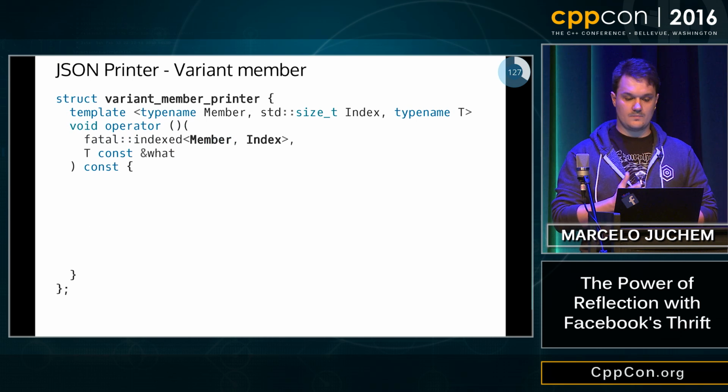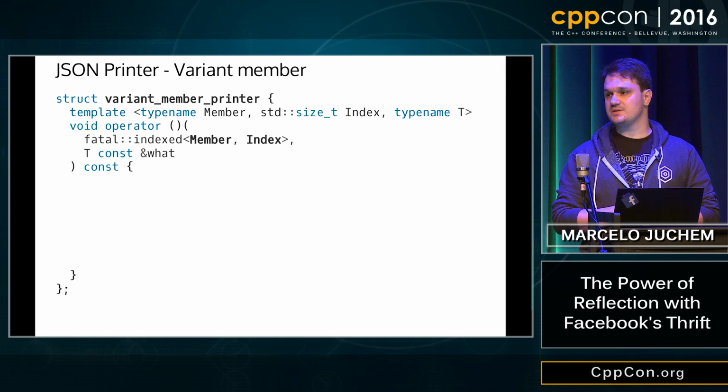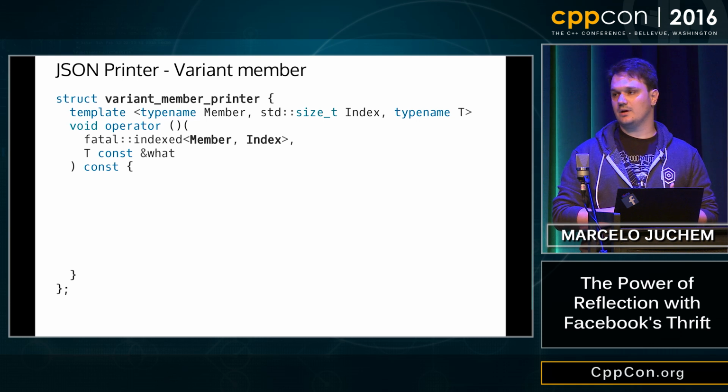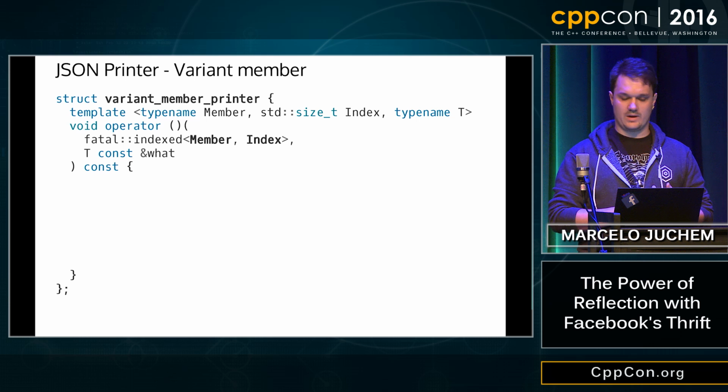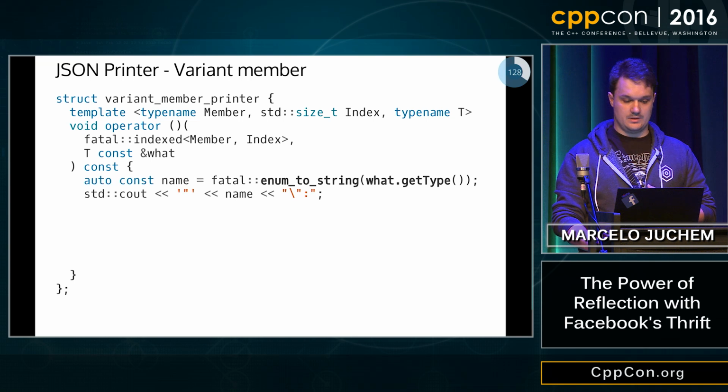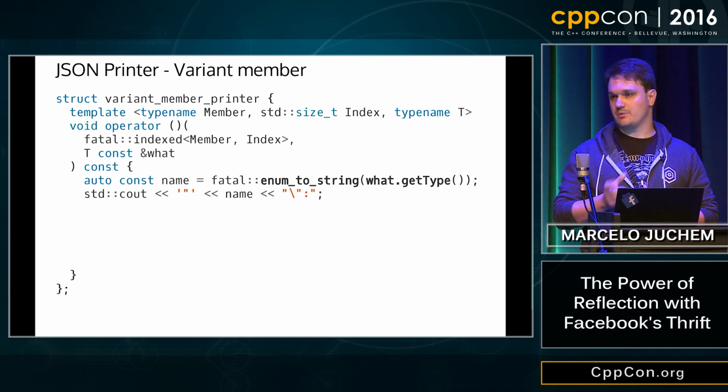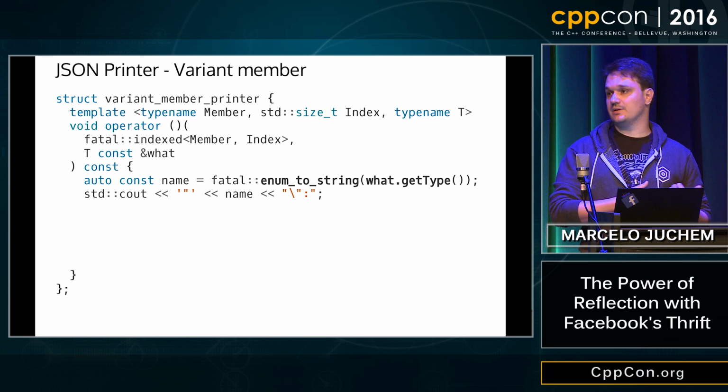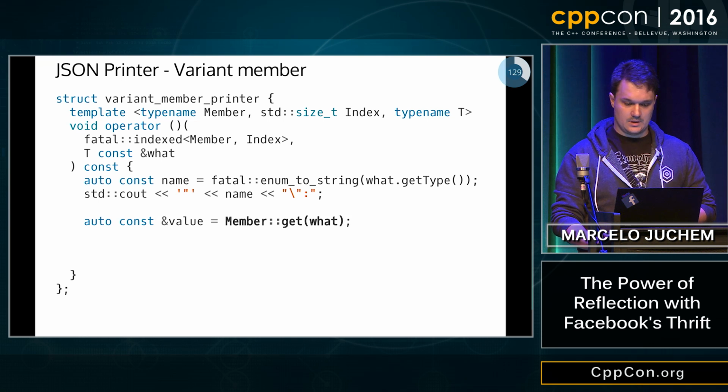And let's now see what's the implementation for the visitor for a variant. So basically we have the member descriptor for whatever member is stored in the variant, and we don't really care about the index at this point. So we basically write the string representation of what's stored there, because it's basically the format we chose.